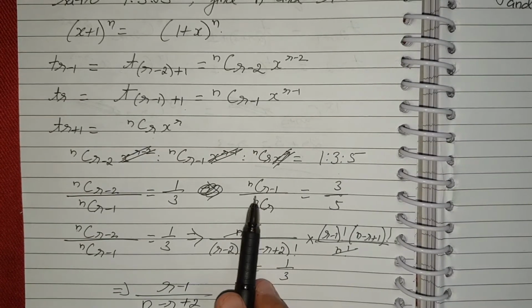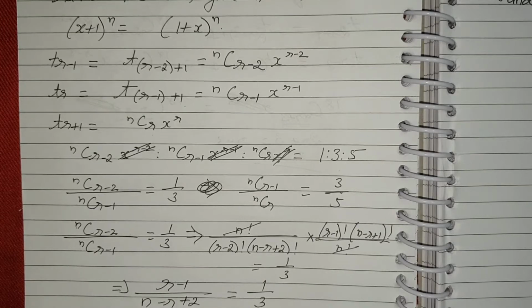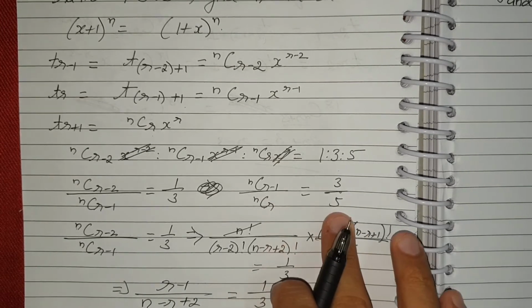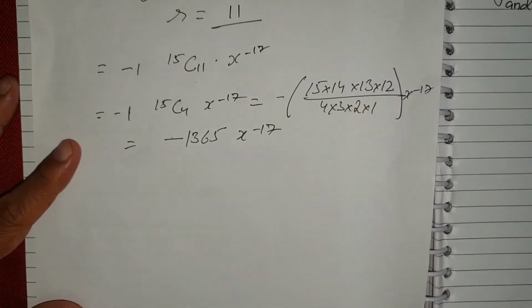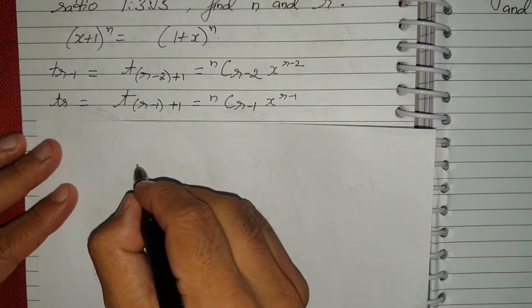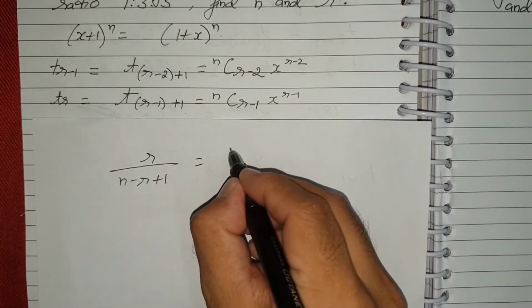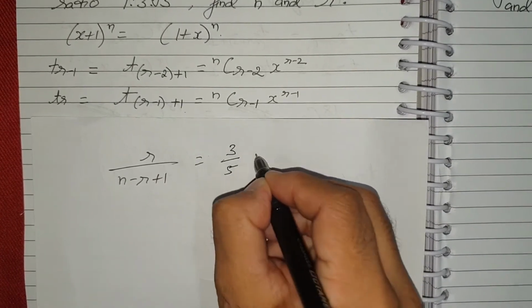Again solving it the same way, n factorial upon (r-1) factorial into (n-r+1) factorial, we get r upon (n-r+1) that equals 3 by 5.